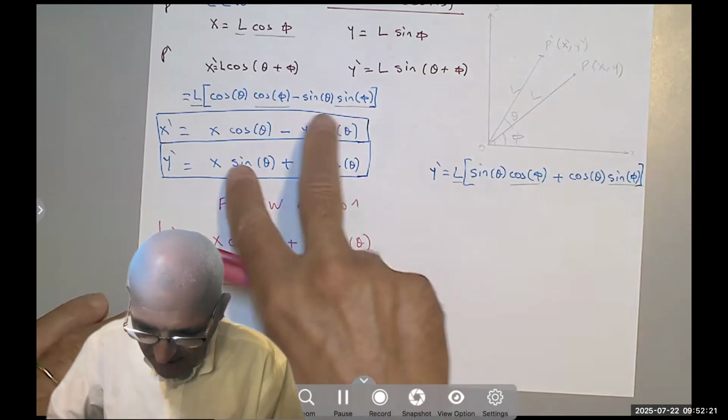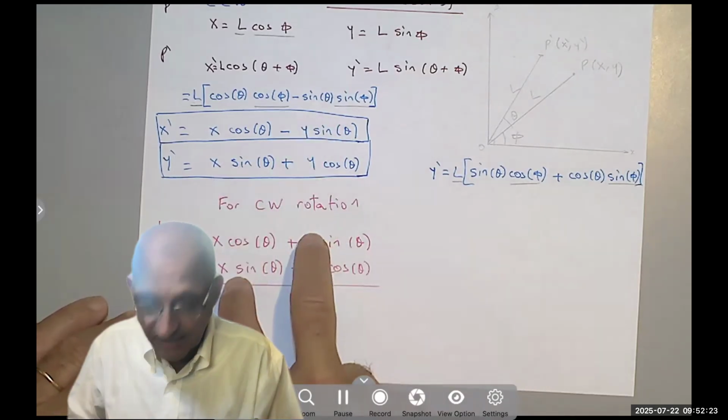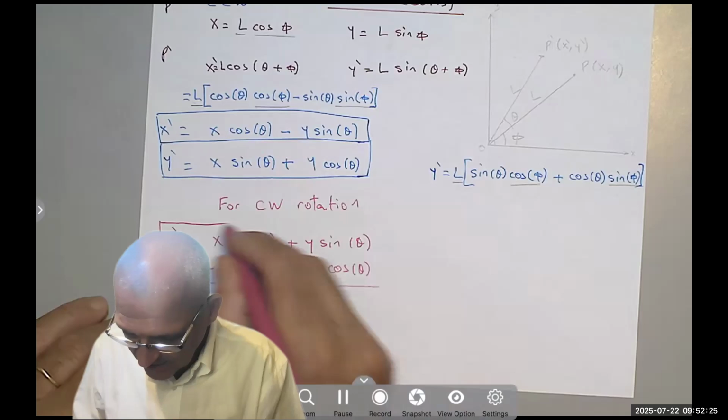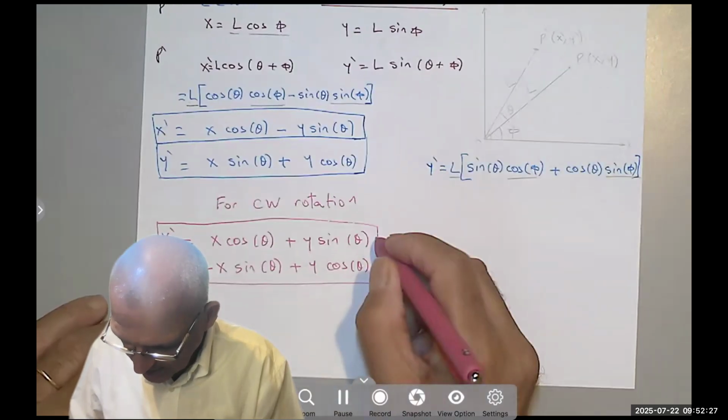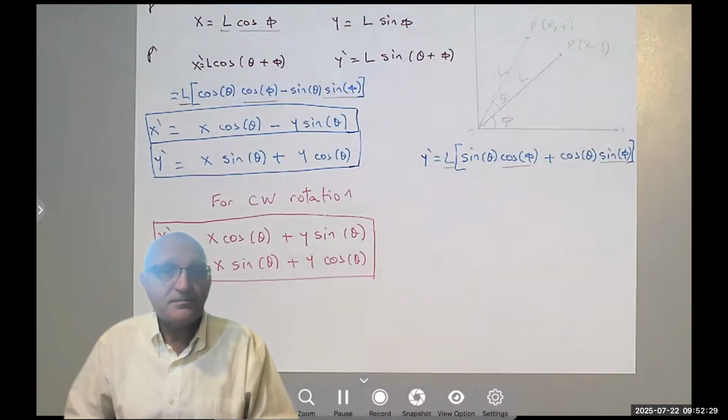So we switch the sign of these two terms, but everything stays the same. Cosine, sine, cosine, sine, cosine is the same.